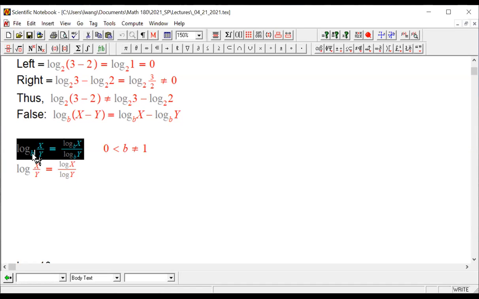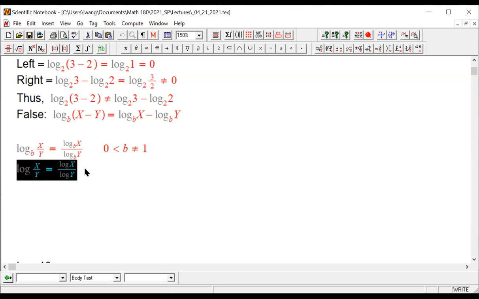You can use base 2, base E, whatever. But if you can demonstrate this is false, let me write it down.